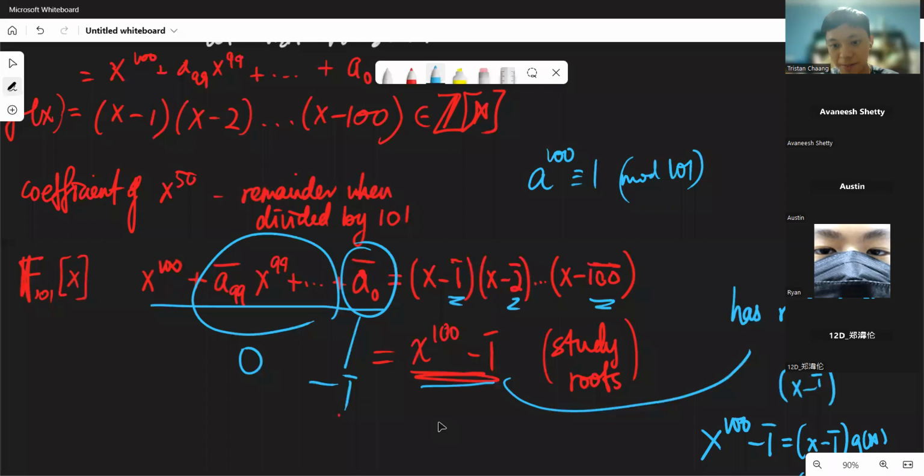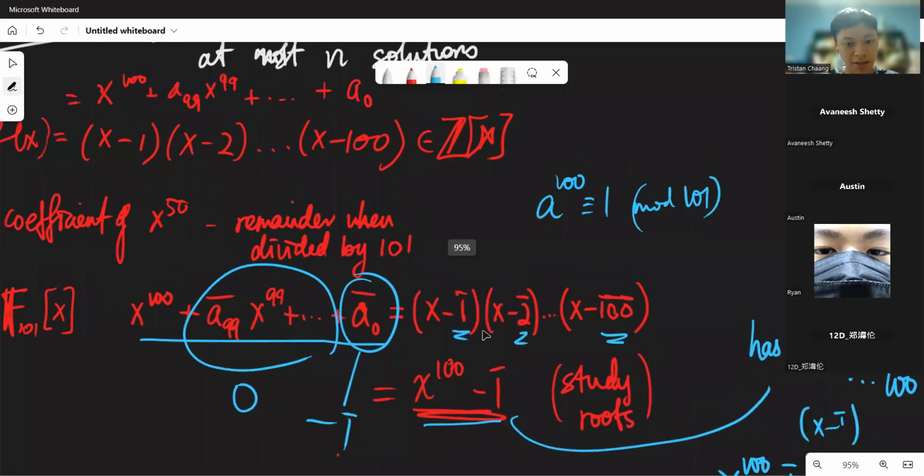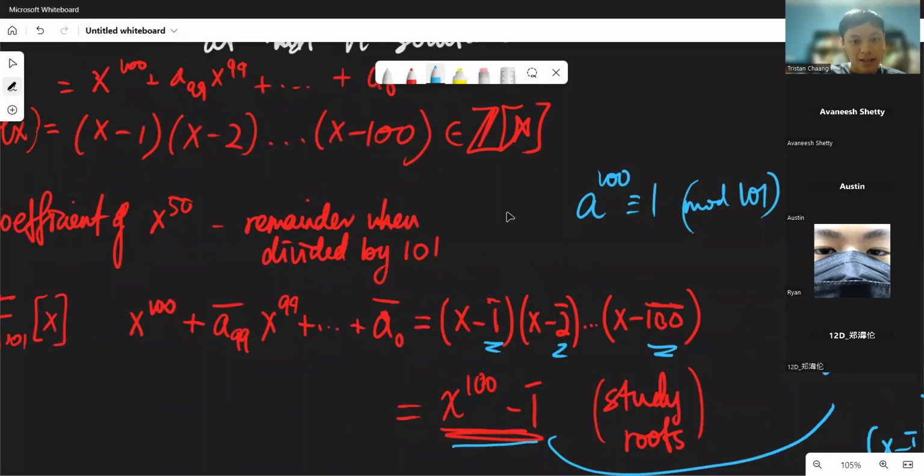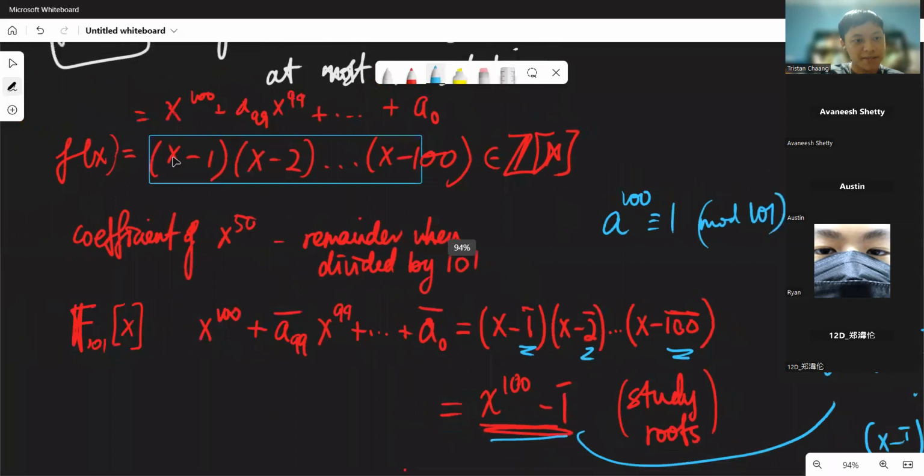Can you explain the line above the study the roots? Oh, okay. So the first equality, basically, you mean? I take this polynomial, which is, I'm sorry for using red here, by the way, I'm just trying to use a different color. This polynomial x minus 1 until x minus 100. Let's say its expanded form is like this, x to the 100 plus a99 x to the 99, and so on. So I label the coefficients as a1, a2, a3, and so on.